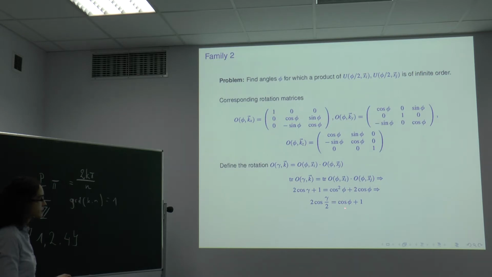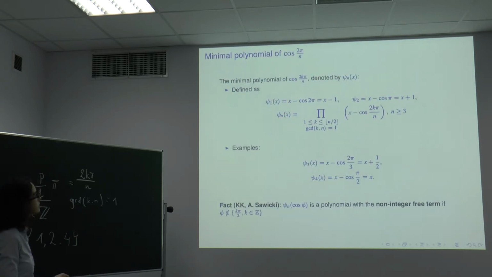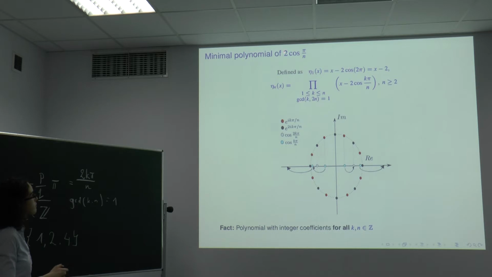We know that this is an algebraic number, and this number is also algebraic. So we need to know the minimal polynomial of this number and the minimal polynomial of this number. The minimal polynomial of 2 cosine has always integer coefficients for every n.